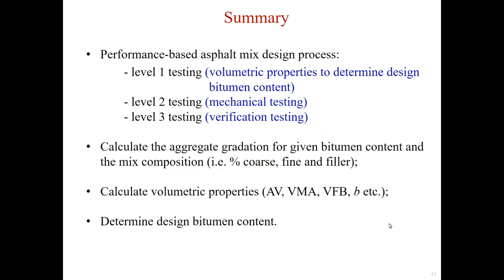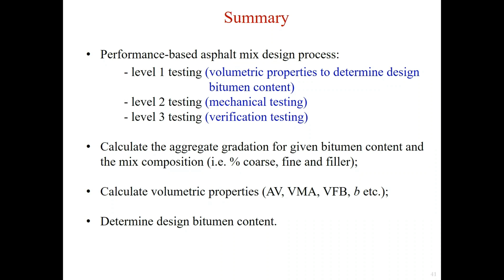All right, a summary of this lecture. The asphalt mix design process has 3 levels and 9 design steps. Level 1 testing is to obtain the volumetric properties. Level 2 testing is the mechanical testing, while level 3 testing is the verification testing. We learned how to calculate the aggregate gradation and the percentage of coarse aggregate, fine aggregate, and filler for a specific bitumen content.